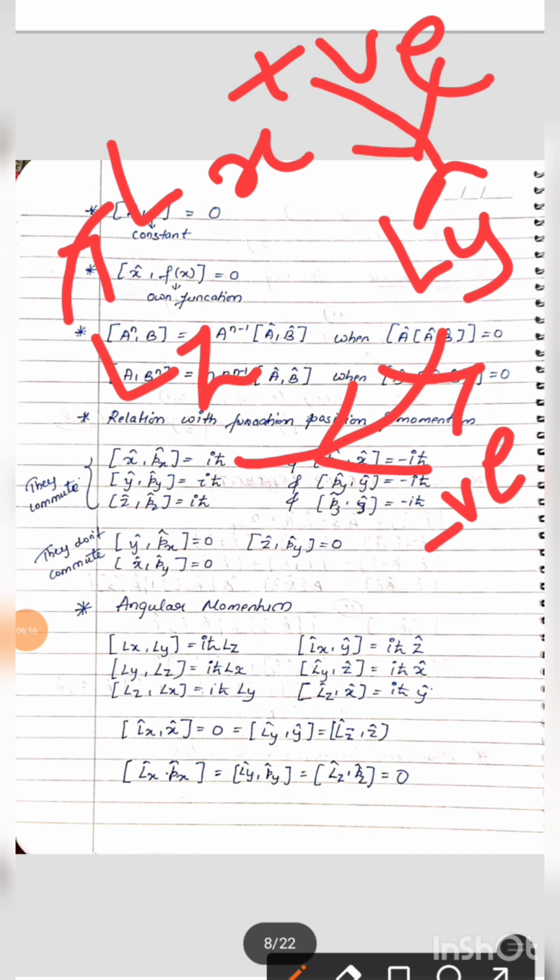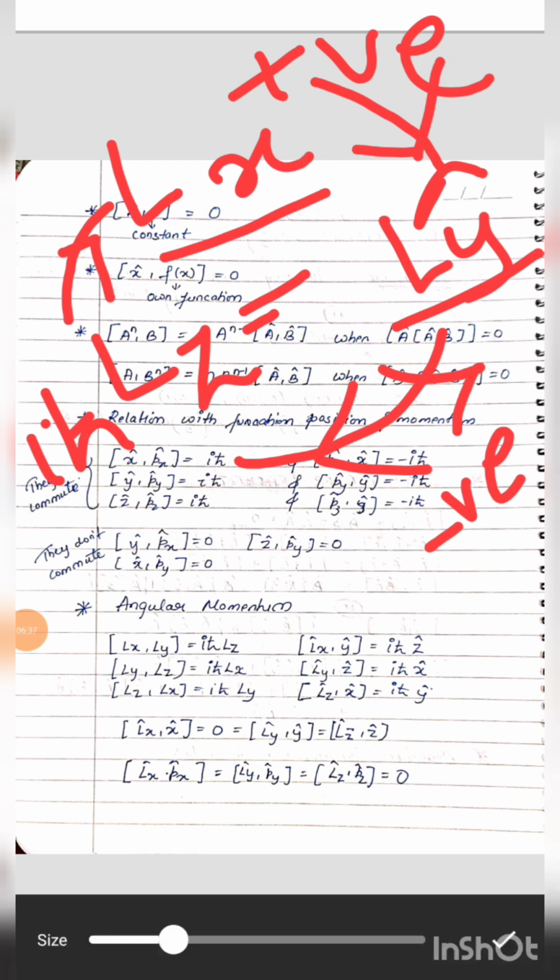See here. The commutator of Lx, Ly is equal to iħ Lz, since x component is there, y is there, and the formula will be equal to iħ Lz. Let me change the color and explain you.